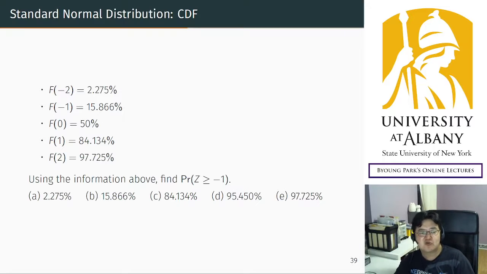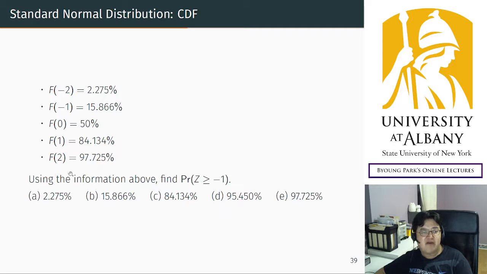Then our natural question is, how can we calculate the probability greater than a number? For example, how can you find the probability greater than minus 1 using this information? You do not need Excel, so try to figure this out.